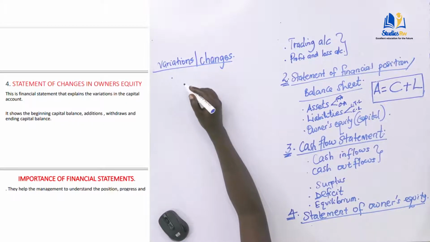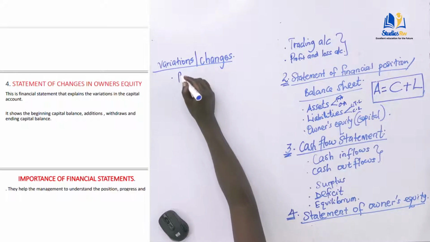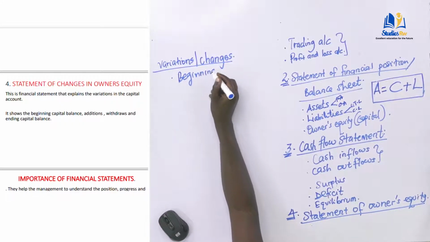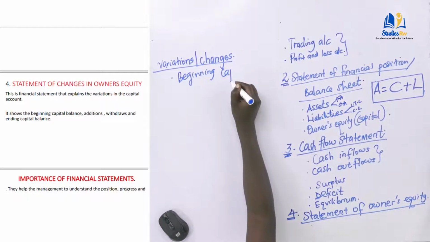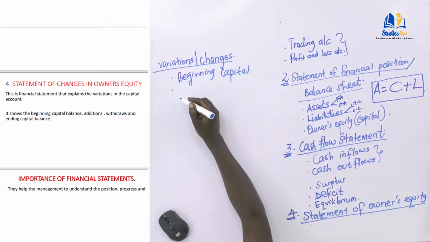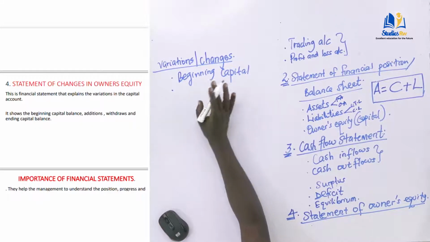These variations may be additions, like the introduction of new capital into the business. You started with some capital, so it shows the beginning capital. Then, if you add more capital, it will be an addition.